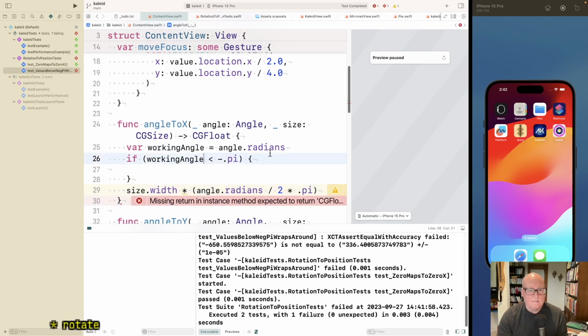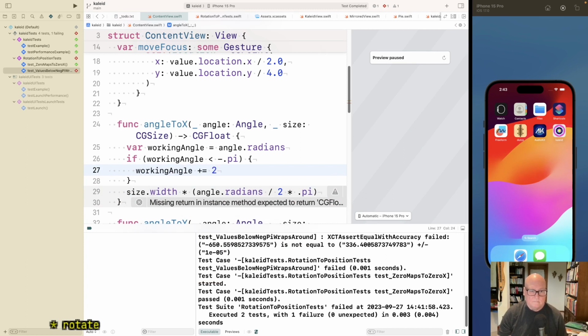Okay, so if it's too far negative, I'm going to add 2 pi.